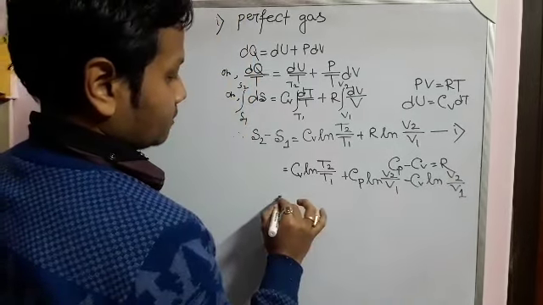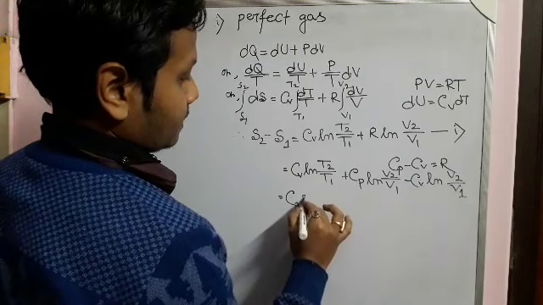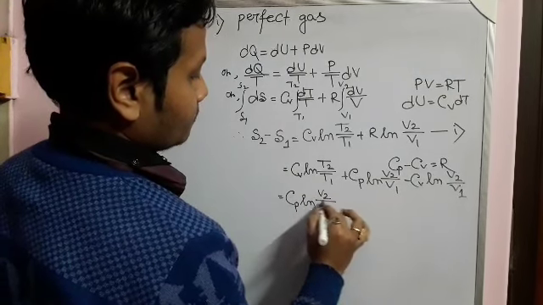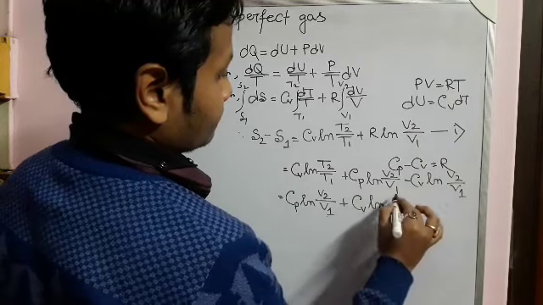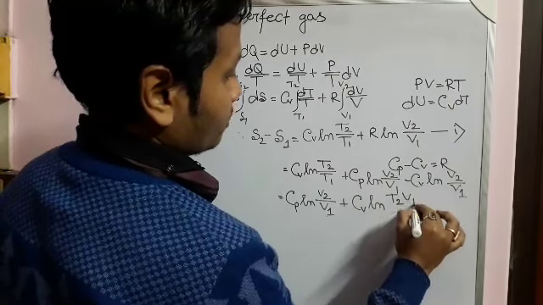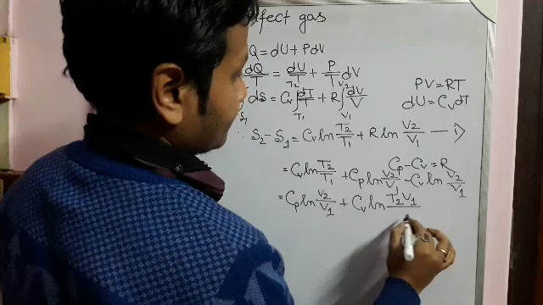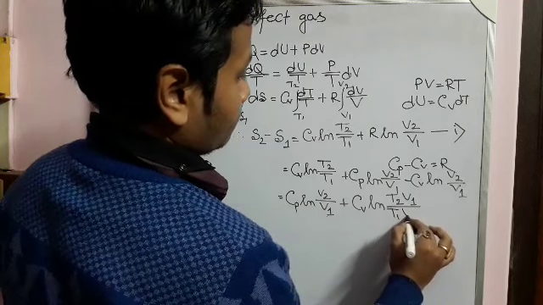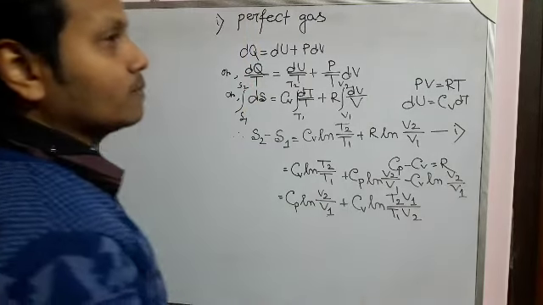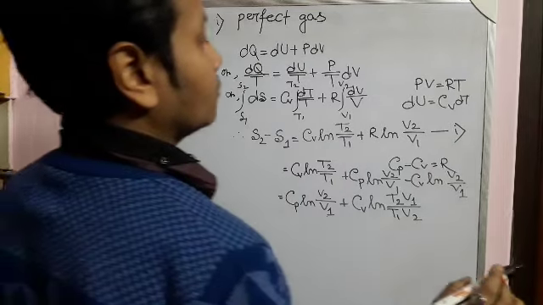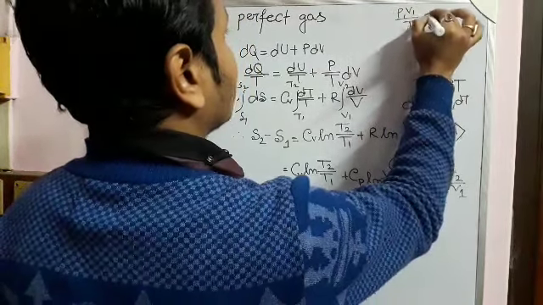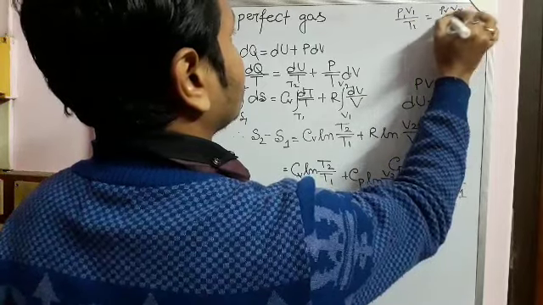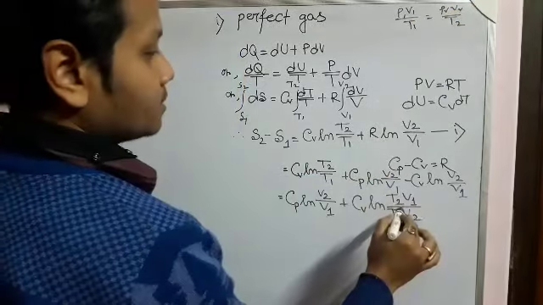So what we get? We get Cp ln V2 by V1 plus Cv ln, this is simply T2 V1 by T1 V2. Okay, now from the Charles and Boyle combination formula, P1 V1 by T1 equals P2 V2 by T2. So you can substitute it.